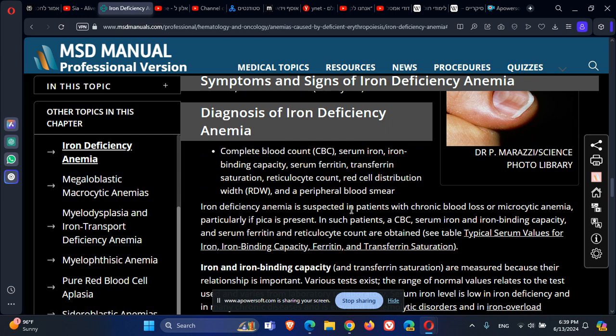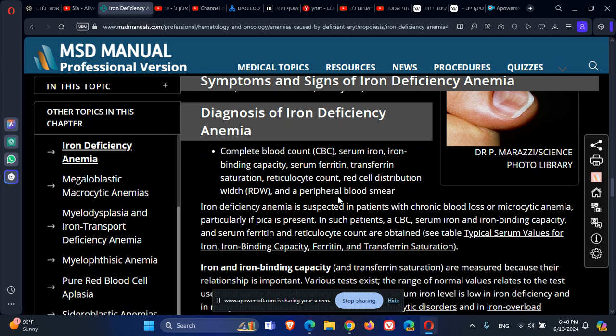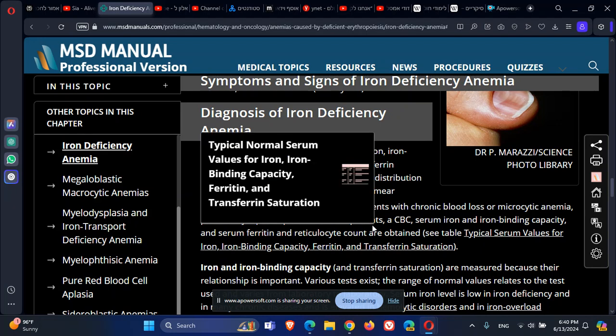The diagnosis is based on the complete blood count, where you should see decreased serum iron, decreased red blood cells, decreased hematocrit, and decreased hemoglobin. Decreased hemoglobin, hematocrit, and red blood cells is the definition of anemia. But what is more specific to iron deficiency anemia is decreased ferritin, maybe the most important test, lower than 30.